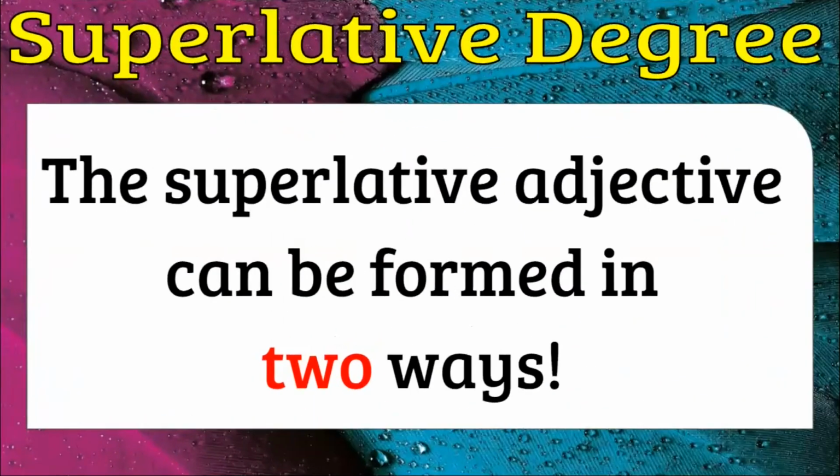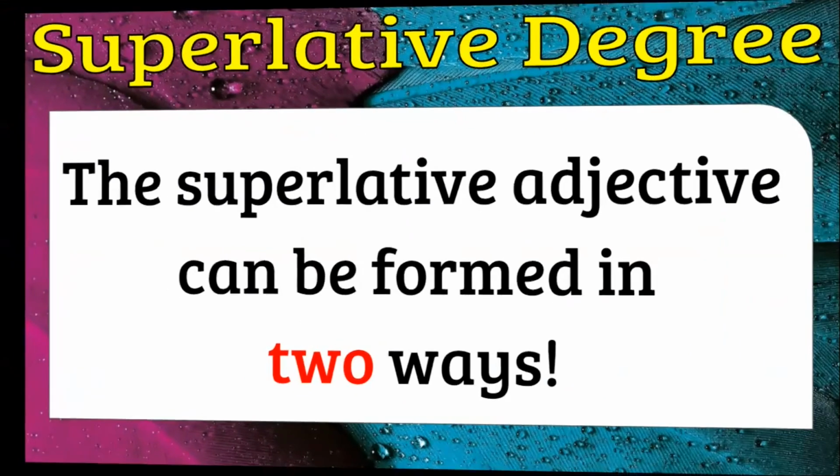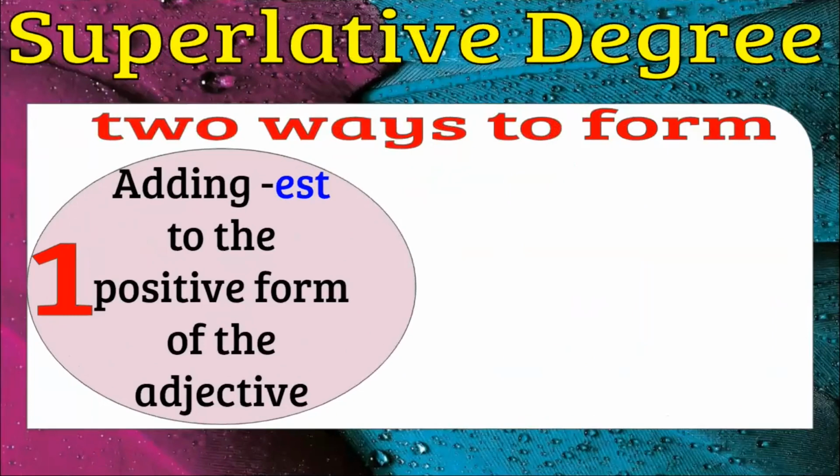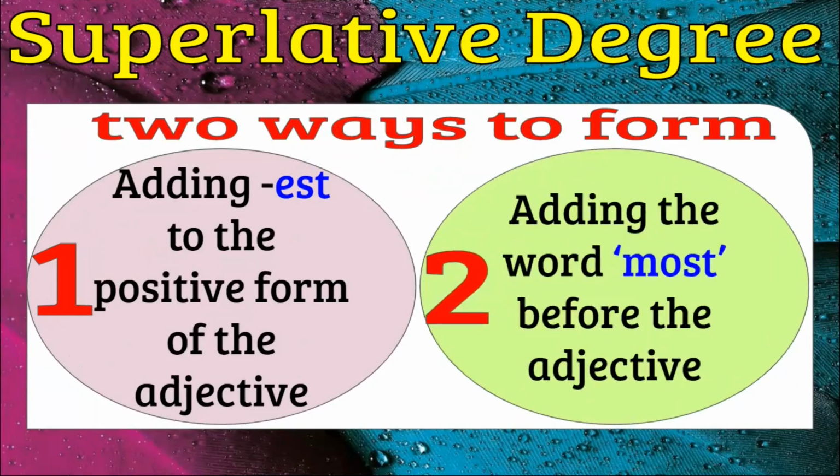The superlative adjective can be formed in two ways. 1. Adding est to the positive form of the adjective. 2. Adding the word most before the adjective.